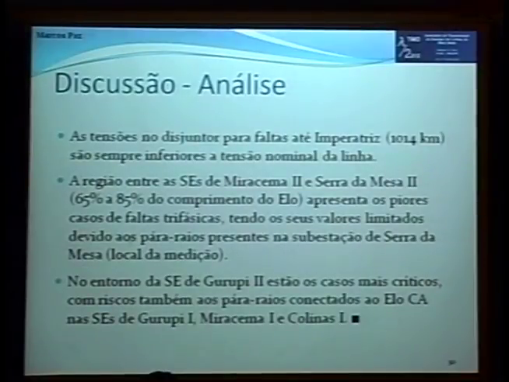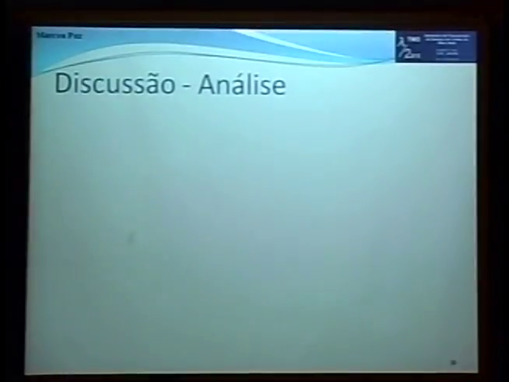With that, we see that in the surroundings of the substation of Gurupi, we have the worst cases posing risks to the surge arresters located downstream, about 1/4 of the wavelength. So we're talking about the surge arresters located in Gurupi, Miracema, and Colinas.